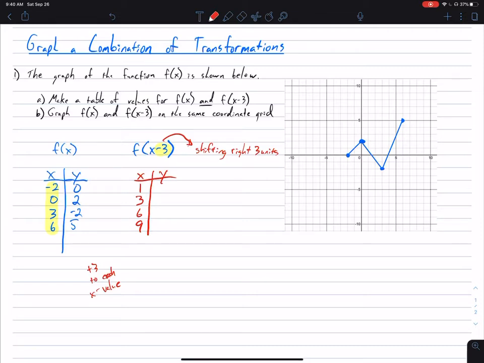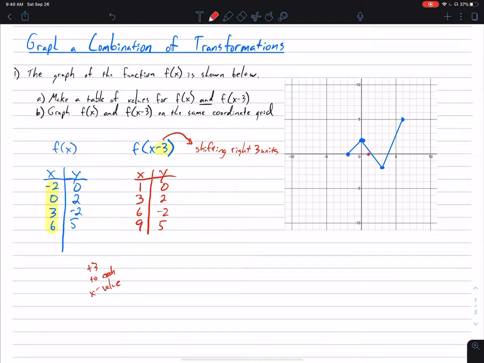So now I need to say, all right, what happens to my y values? Well, if I'm only shifting left and right, my y values won't change. They're all going to stay the same. The only way the y values would shift is if there was a vertical transformation, when it went up or down.